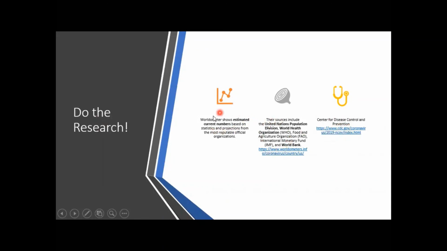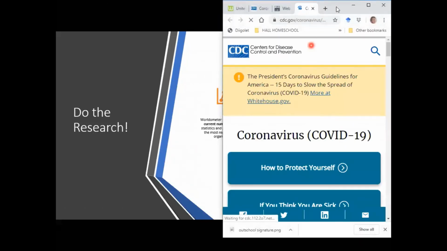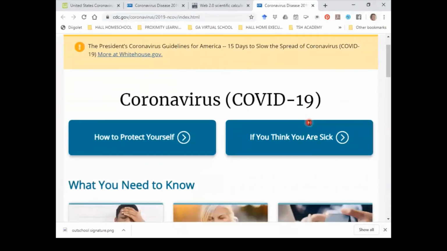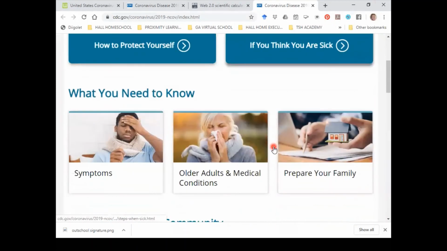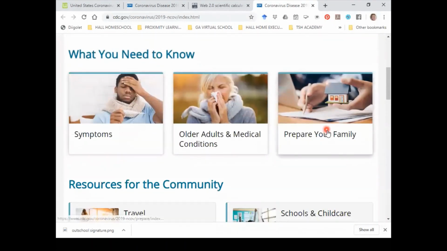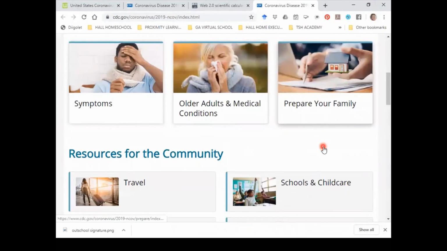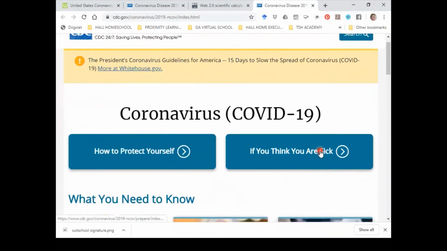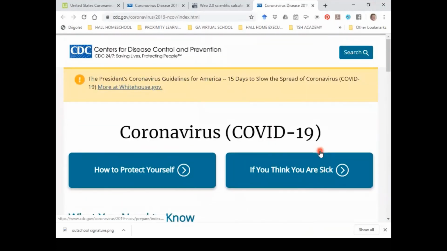If you want to pay attention to the numbers, if you want to find the numbers out for yourself, you can go to this website, Worldometers, and check it out there. If you click on a CDC website, it gives information on how to protect yourself, what to do if you think you're sick, and other things you need to know, and how to prepare your family. So check that out, you know, stay on top of it.